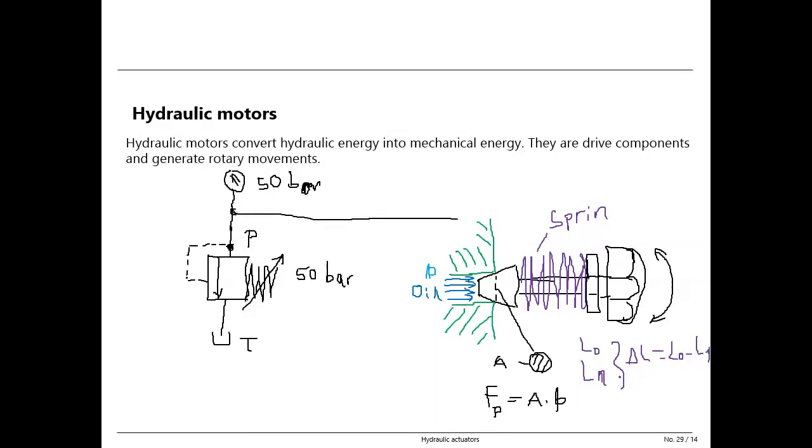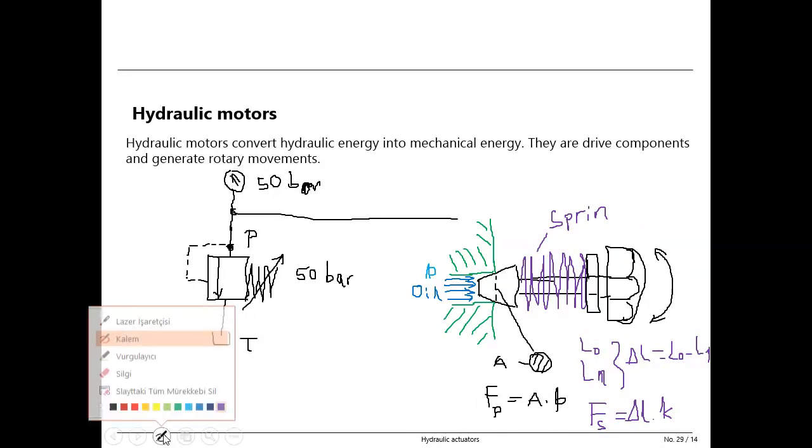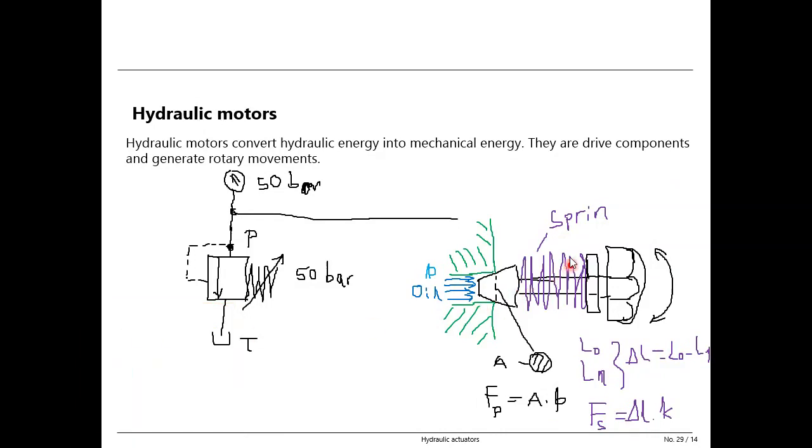And you may remember the spring force is equal delta L displacement times the spring constant, let's say the K, spring constant. So that means on that side here, we create a spring force, and this spring force must be in balance or in equilibrium with the pressure force coming from the oil and acting on this surface.